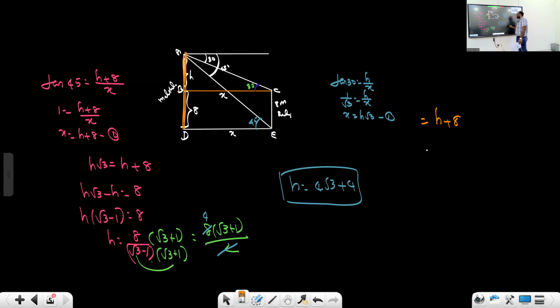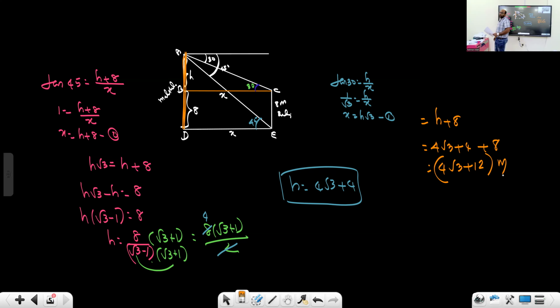What is H? 4 root 3 plus 4 plus 8. What is the answer? 4 root 3 plus 12. If you want, you can take 4 outside, that is your choice. But there is one more question. This is also a 5-mark question. Basic people be careful. The answer is 4 root 3 plus 12 meter.